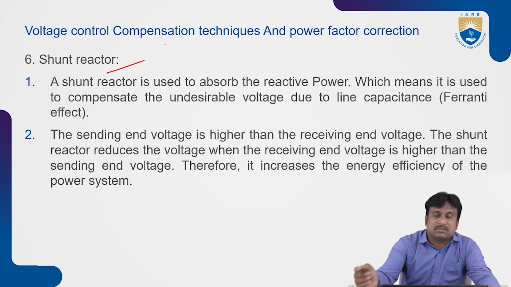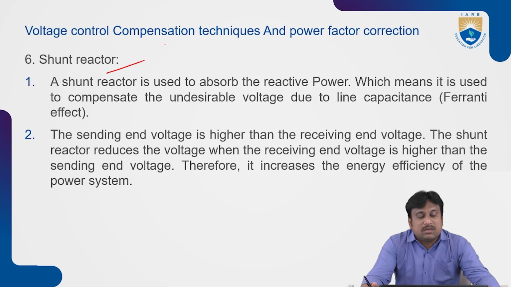Shunt reactors. What are shunt reactors? A shunt reactor is used to absorb reactive power, which means it is used to compensate the undesired voltage. It is used to compensate line capacitance, as the Ferranti effect is considered. What is the Ferranti effect?